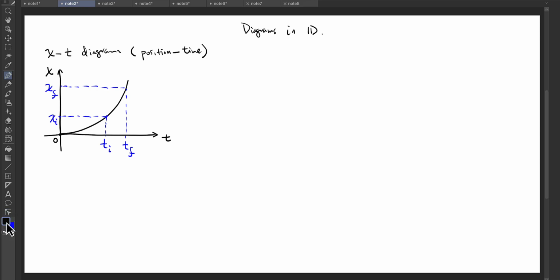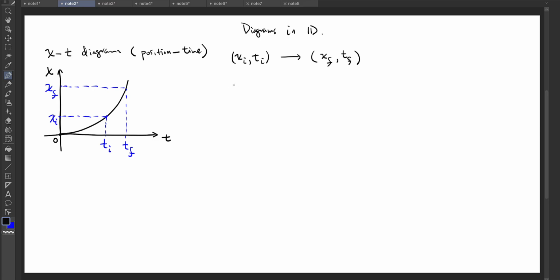Because as we discussed, now we know xi, ti from the diagram, and then we want to study how this xi evolves to x final in a time interval that goes from initial time to the final time.